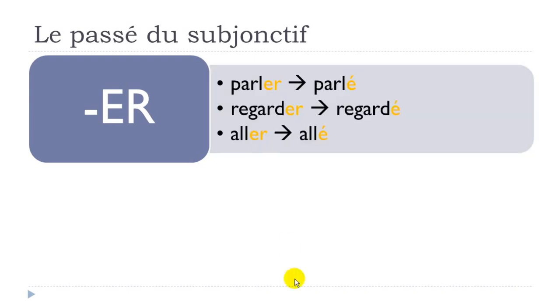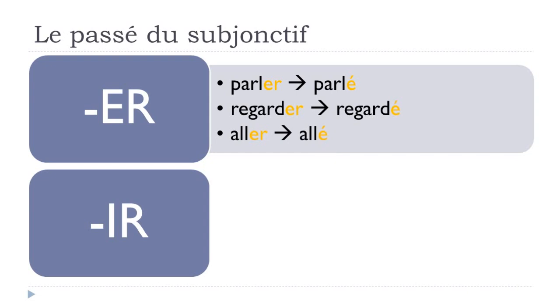quite easy, because if we take the verb parler, to talk, to speak, so it's ending with this ER, and then this participe passé will be parlé with the accent. Okay? Regarder, to watch, same rule, it will end with this accent aigu. And then even aller, you know, this tricky verb from the third group, aller means to go, even this one is quite easy when it comes to the participe passé because it will be allé.